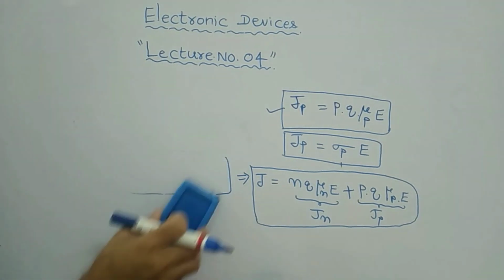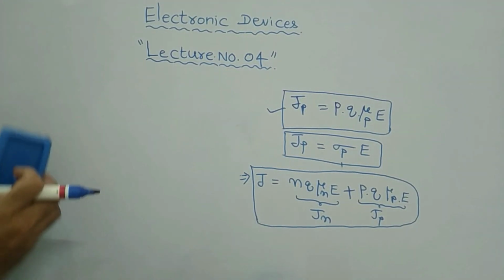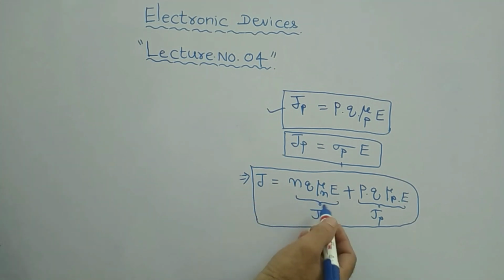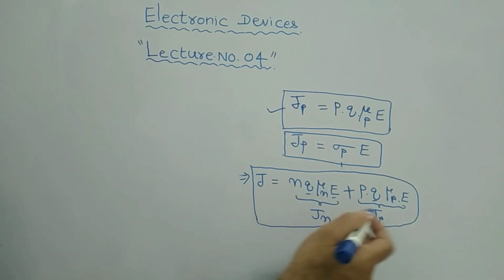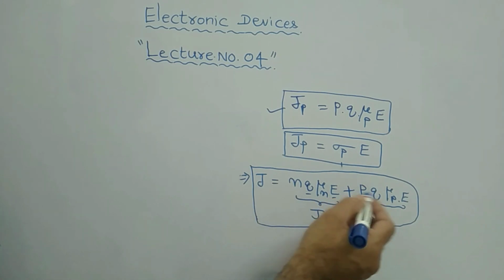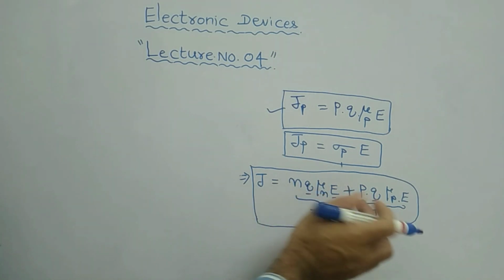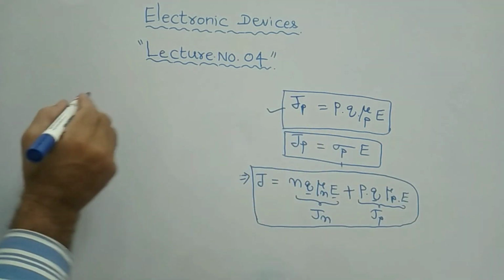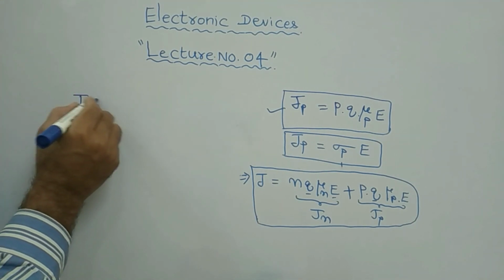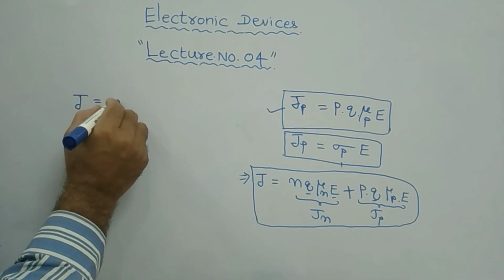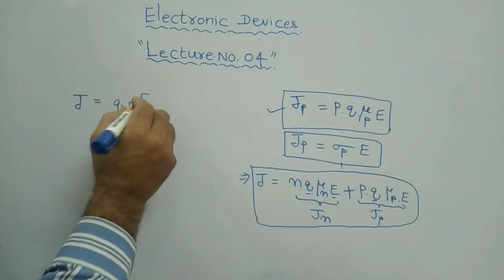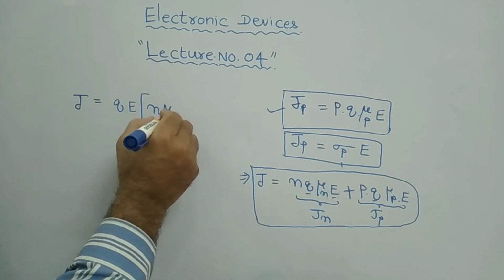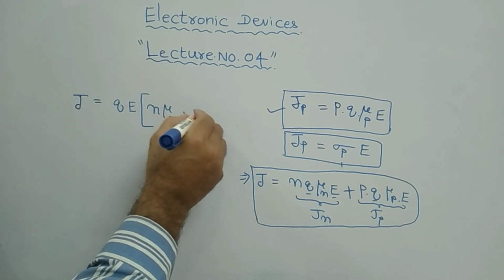Now from this relation, what can we write here? Q into E is common in both Jn and Jp. Therefore, you can take q into E as common, and then you will get n into mu n plus p into mu p.